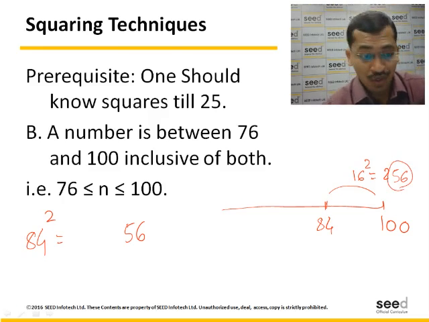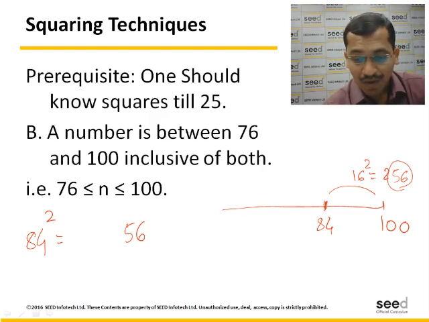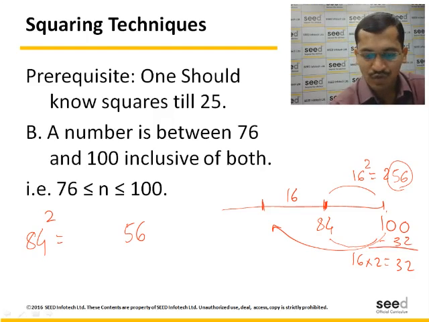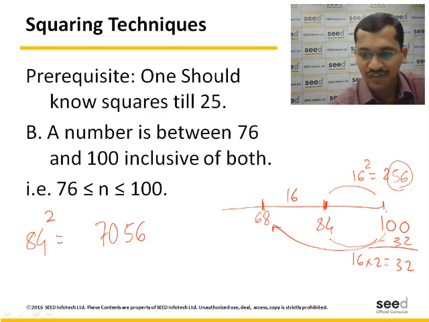Now to get the first part, take the difference between 84 and 100, double it. This difference is 16 multiplied by 2 and go back from 100. So 100 minus 32 is 68, plus carry, so 70 and 56.